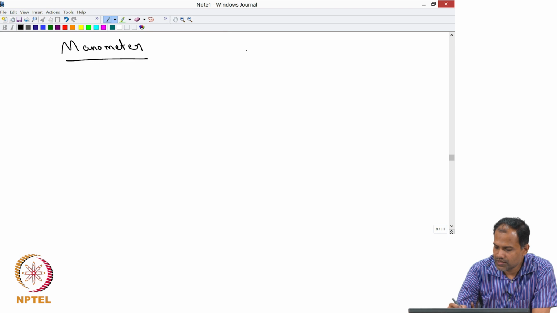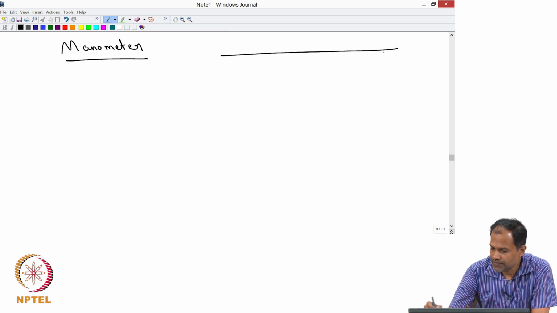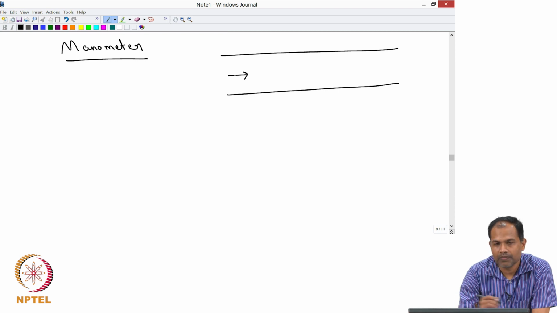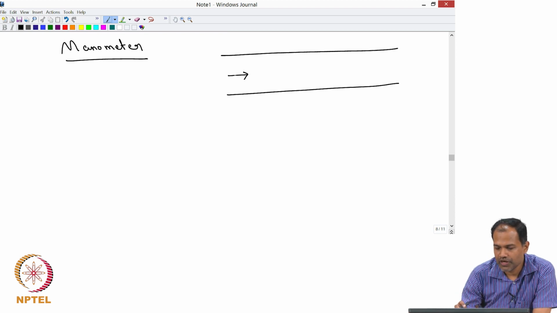Let us consider a simple case where you have a pipe, and let us say a fluid is flowing in the pipe. For the fluid to go from the left side to the right side, you need to apply a pressure difference.